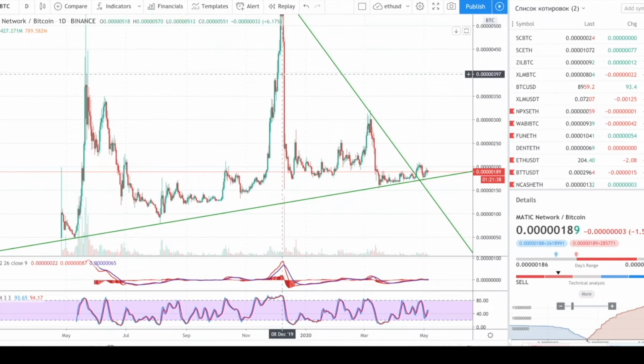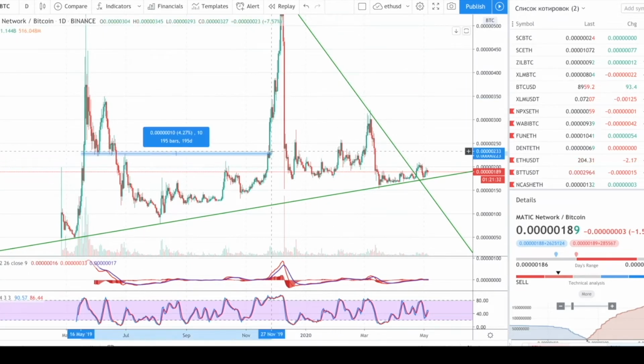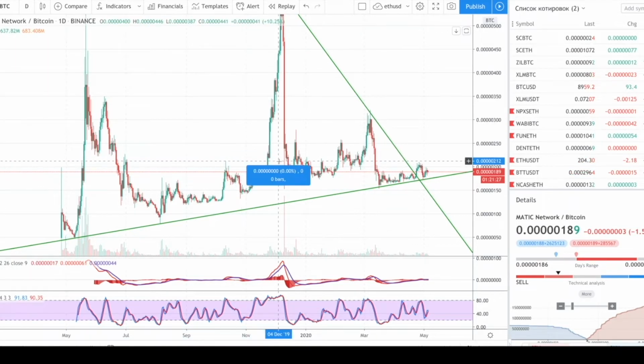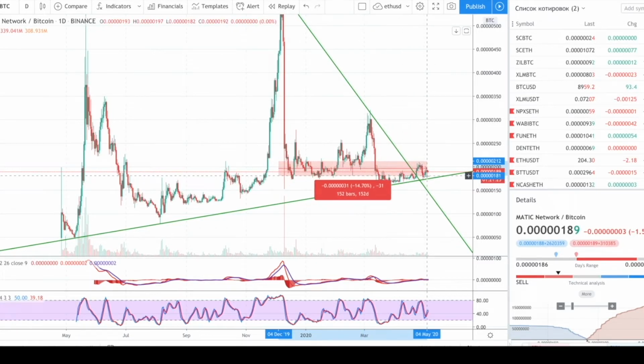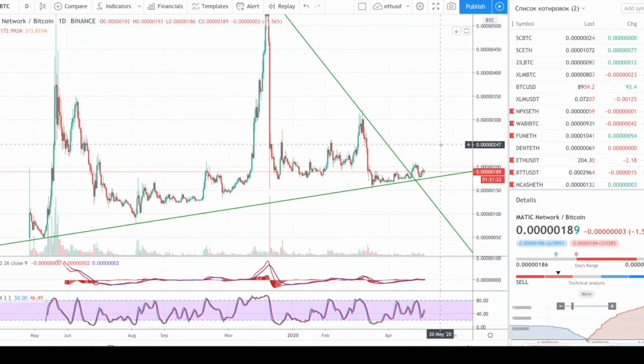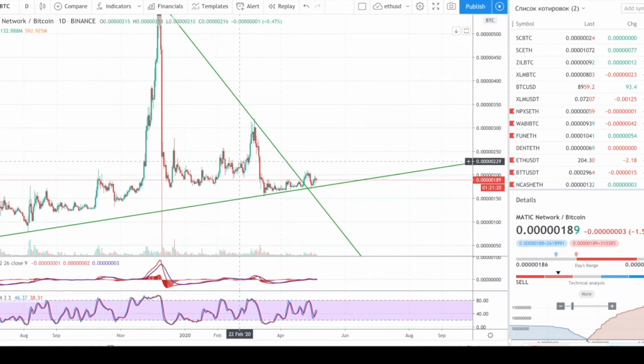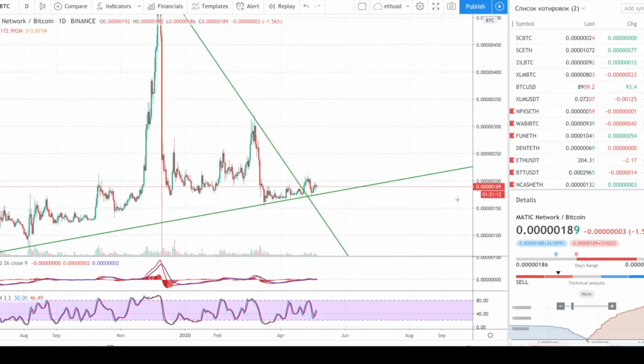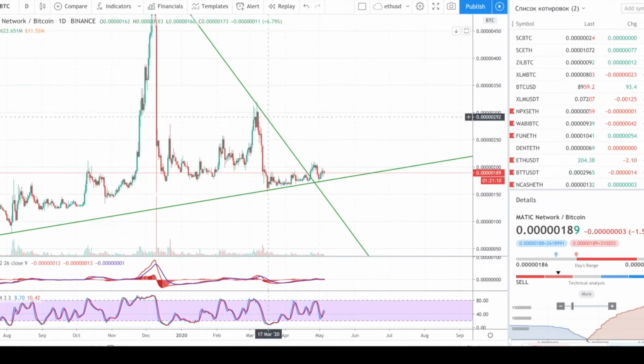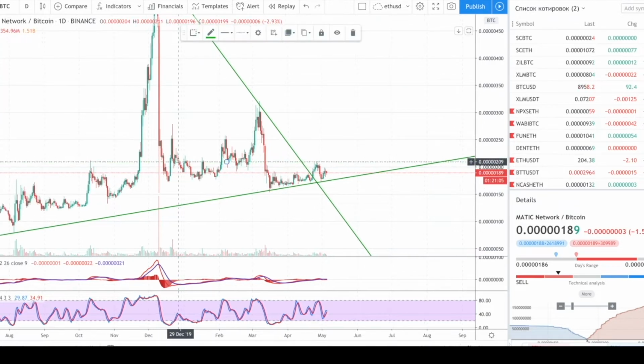After the first such rise, the price rested and corrected for 195 days plus minus, and for now 152 days have passed since the second such strong impulse. So if we talk about cycles, then in MATIC the major players have almost gained their position, and so the coin now has good growth potential.